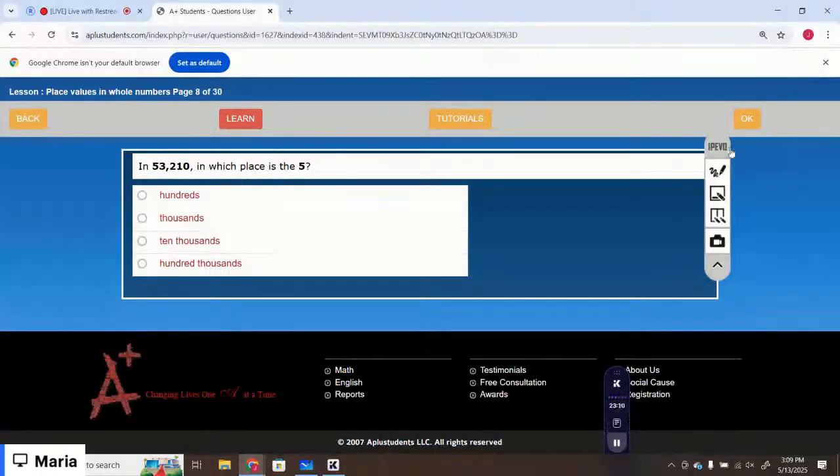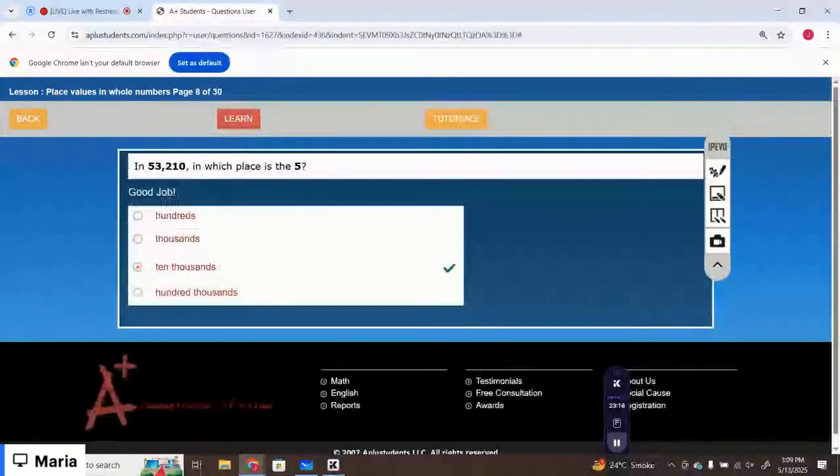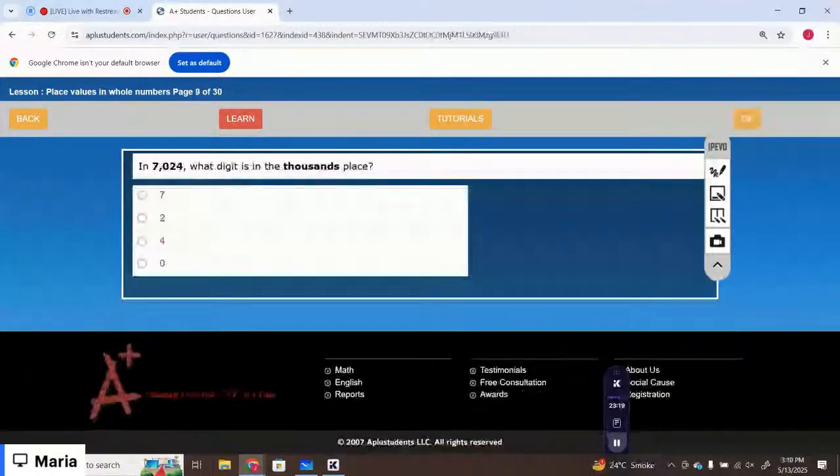Five is at the 10,000 place. The correct option is 10,000. In 7,024, which digit is in the thousands place? So which is the correct option? 7 is at the thousands place. The correct option is 7.